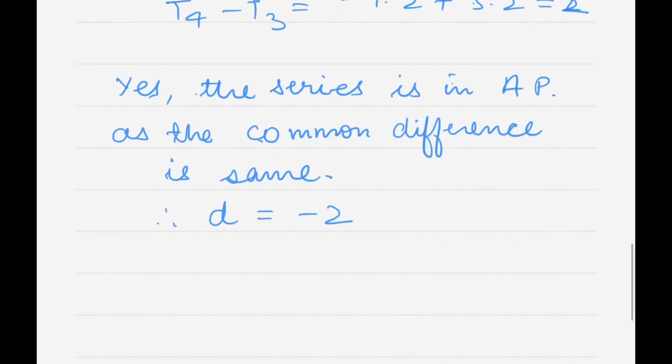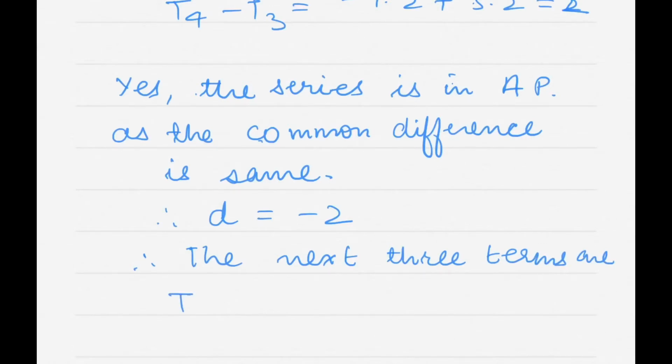And the next 3 terms only, we found out 4 last time. Till T4 we had. So T5 will be equal to what was my T4?